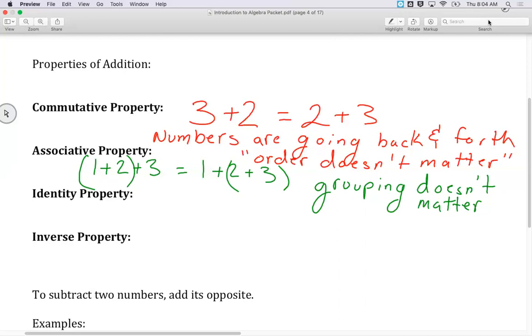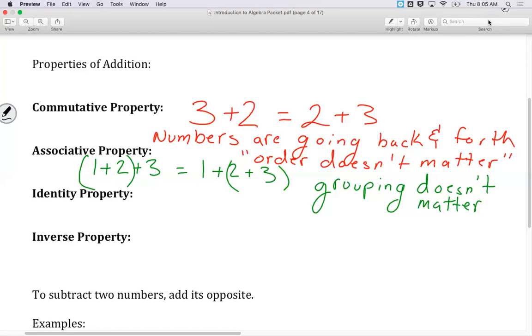Now, identity. The identity property, that's pretty simple. My identity is who I am. And in math, your identity would be the number. So what number could I add to something to get back that original number?